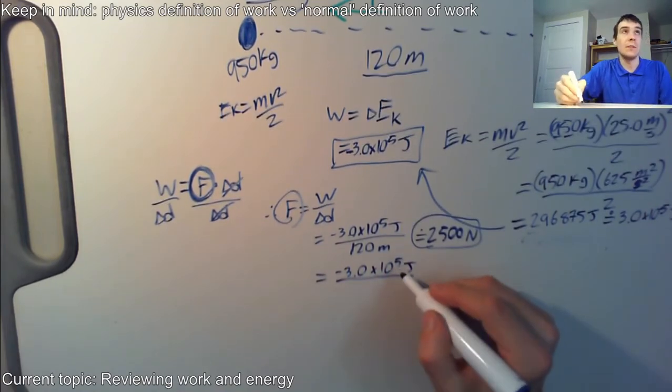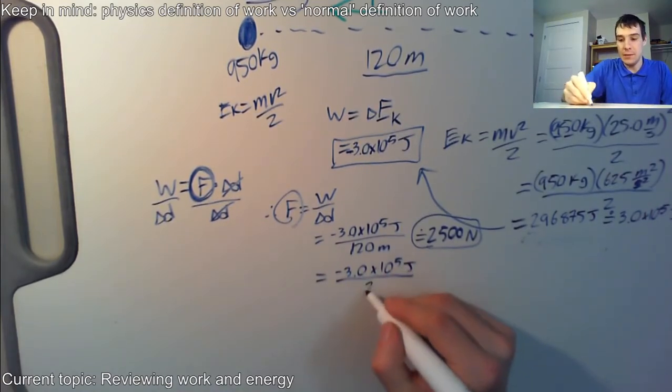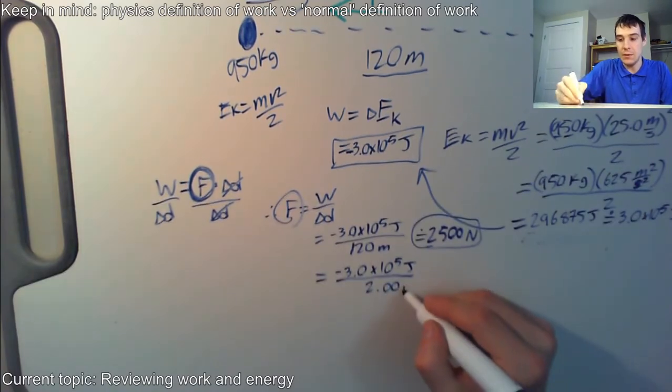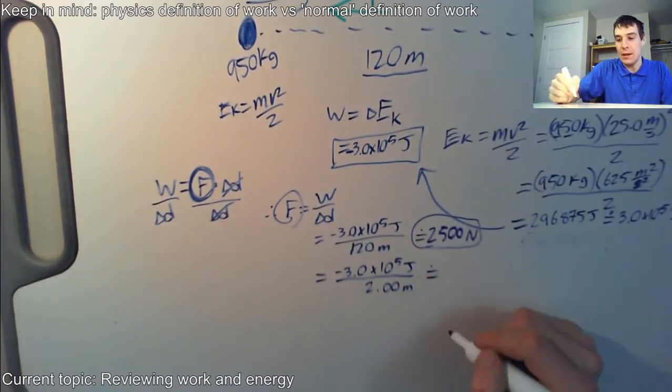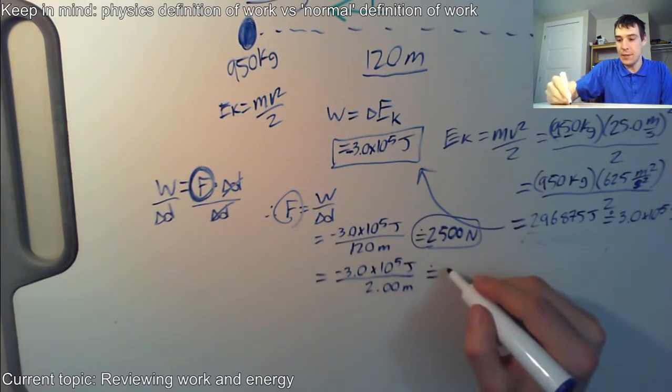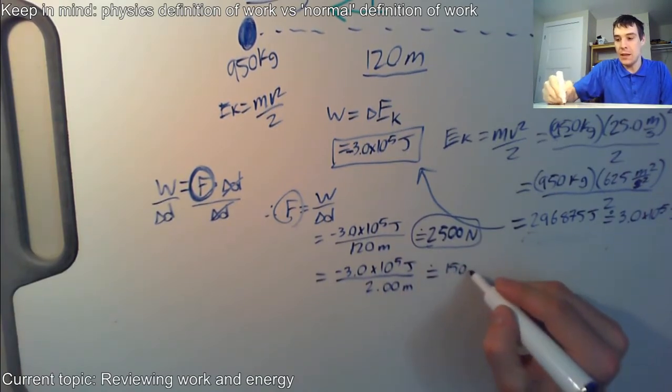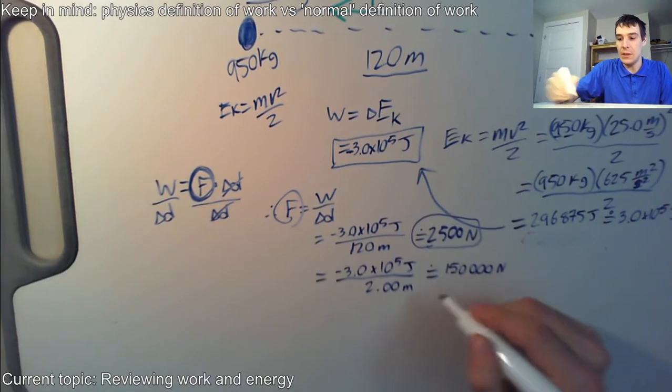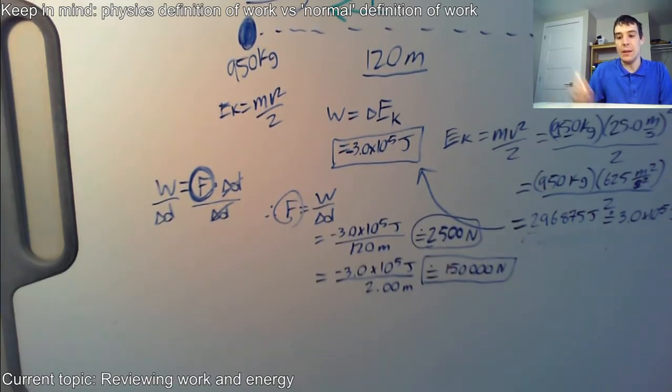It's still going to a stop, but now it's doing it in 2 meters. I believe 2.00 meters in the question, and that brings it down to 150,000 newtons. Right, reducing the distance increases the force by a lot.